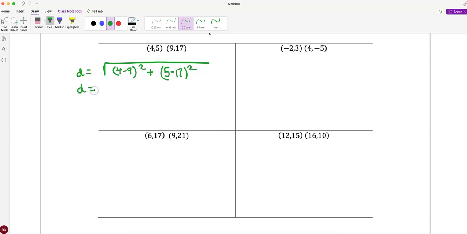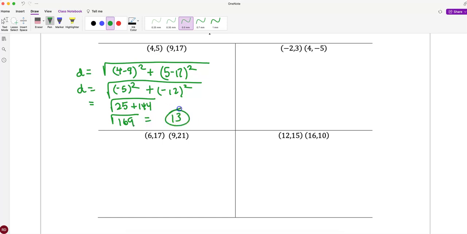So this is going to be 4 minus 9 is negative 5, so this is negative 5 squared plus negative 12 squared, which is what? 25 plus 144, which is the square root of 169, which is 13. So the distance between those 2 points is 13.